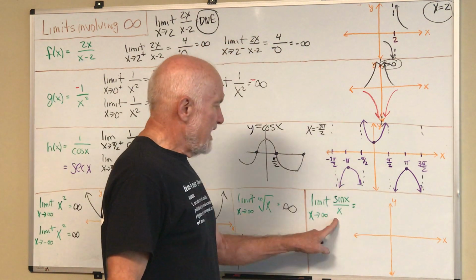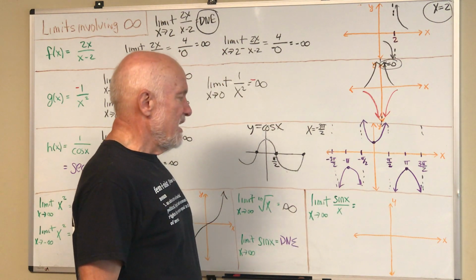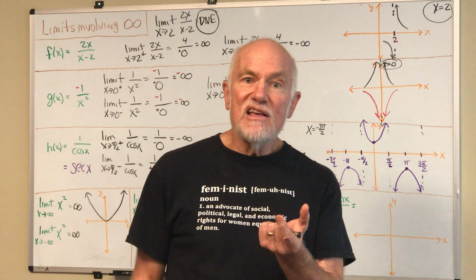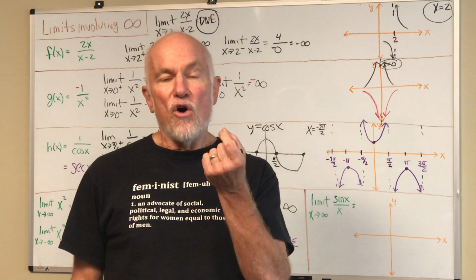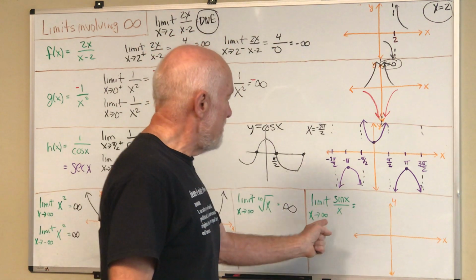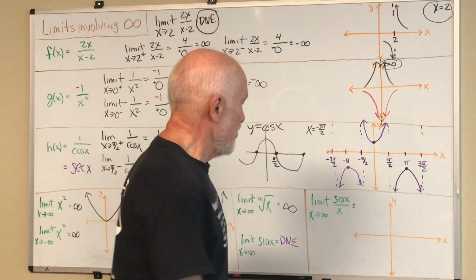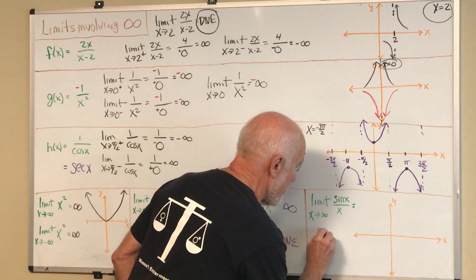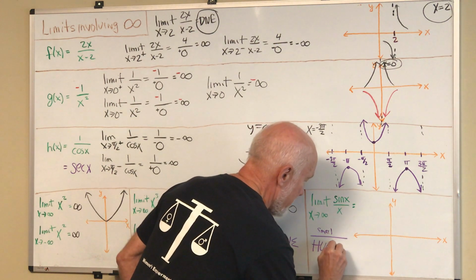Now, if you get the sine of x divided by x, start to think about what's happening. The sine is going to be a number smaller than or equal to 1, and the denominator, as x approaches infinity, is going to get huge. So your fraction is going to start to look like a small number divided by a huge number.